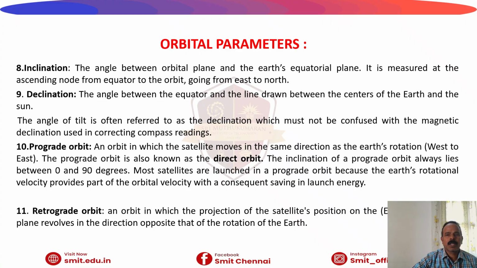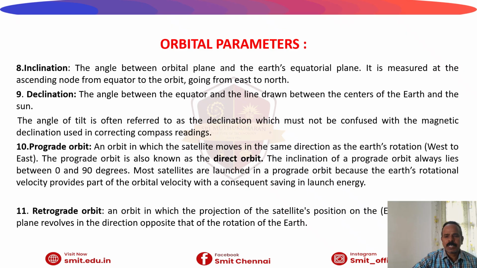The inclination angle decides the connectivity as well as the reception capability of both the satellite and the Earth station. The antenna should be positioned at a perfect inclination. Even a 1 degree tilt can change communication receiving capabilities. Then the next important parameter is declination, which is nothing but the angle between the equatorial plane and the line drawn between the centers of the Earth and the Sun.